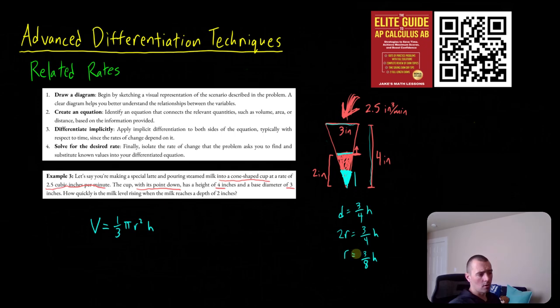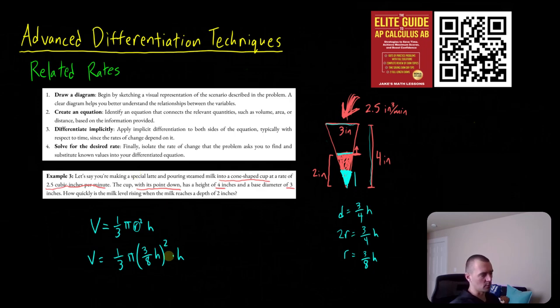So if we know r is always going to be 3/8 h, we can plug that in for r over here. And doing that is going to give us volume equals 1/3 pi times (3/8 h) all squared times h. So now this is going to be the equation that we're going to be able to go with.